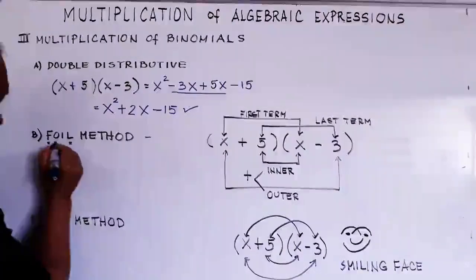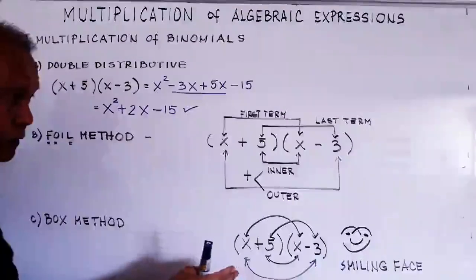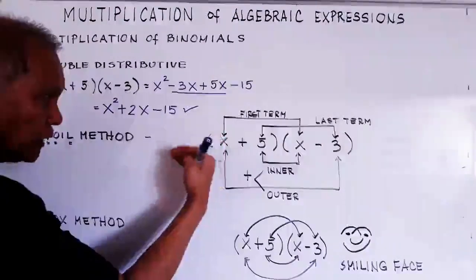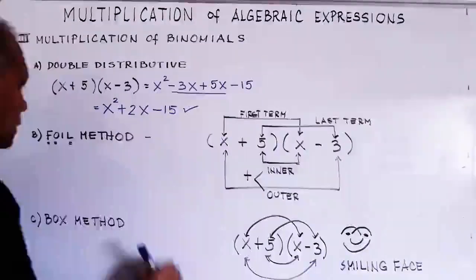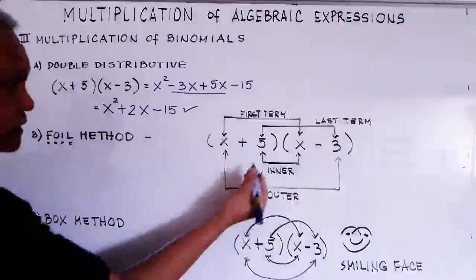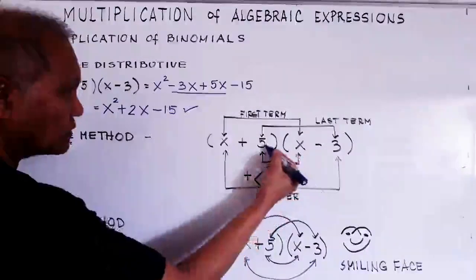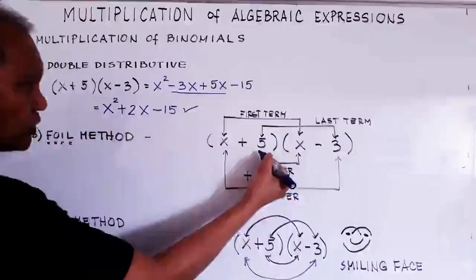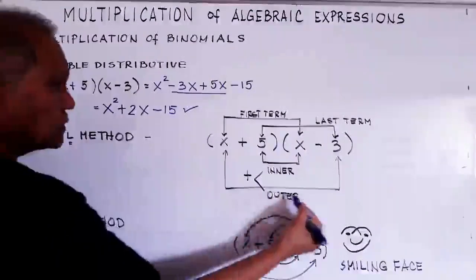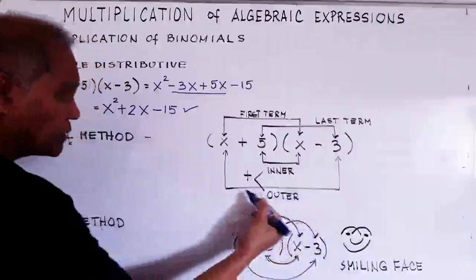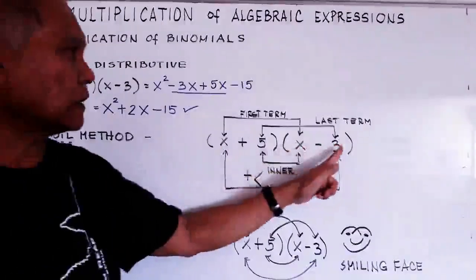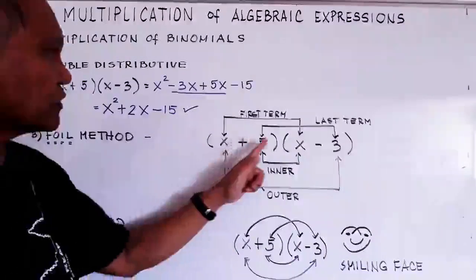And what is O here? That is the outer times the outer. Outer here, outer there. About the I, it is the inner terms. We have this 5 and x, they are the inner terms. These two are the outer terms. These two are the last terms here, and we have the first terms here.